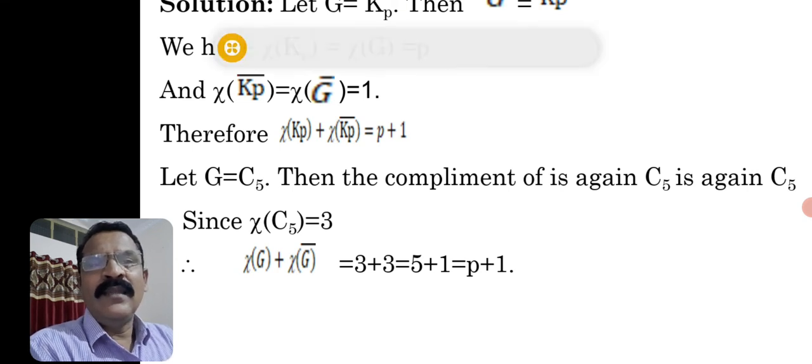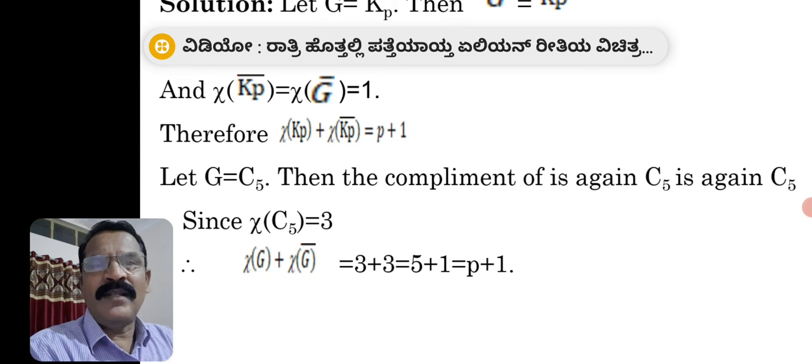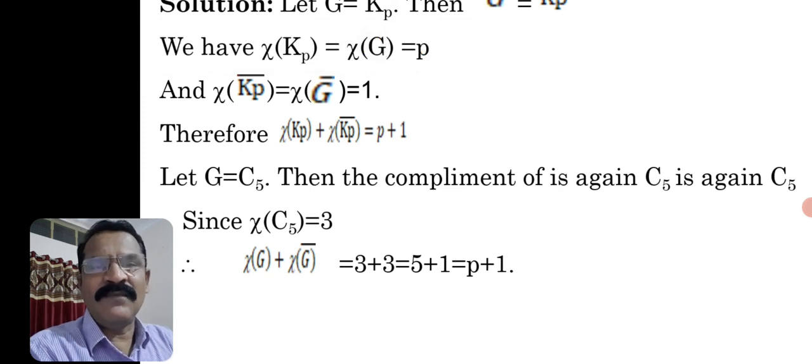Since the graph C5 and its complement are isomorphic, the complement is again C5. So the chromatic number of C5 is 3 and the chromatic number of the complement of C5 is also 3. If you add, it will be 3 plus 3, that is 6. But 6 can be written as 5 plus 1, where 5 is the number of vertices in either C5 or its complement, so it is p plus 1, where p is the number of vertices in C5.